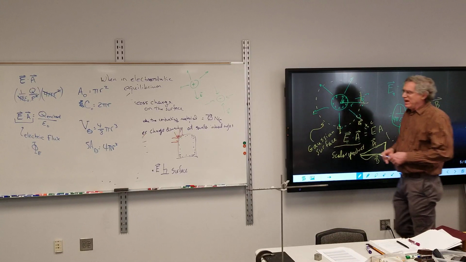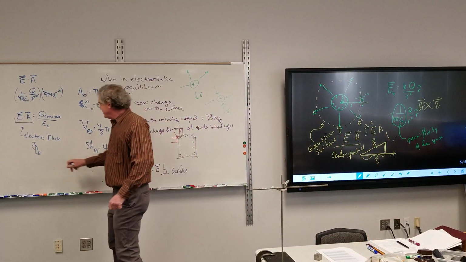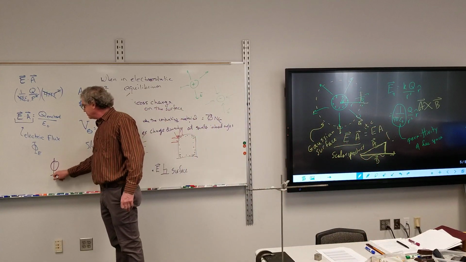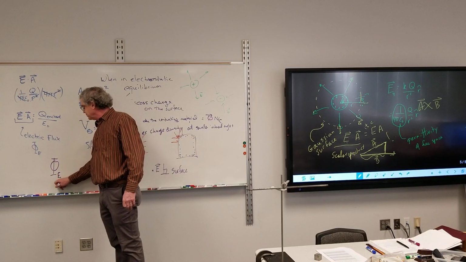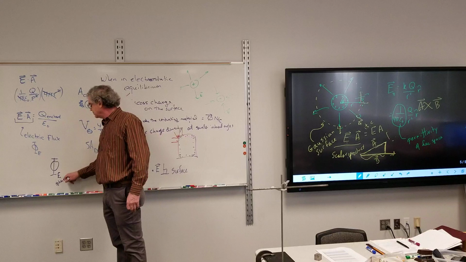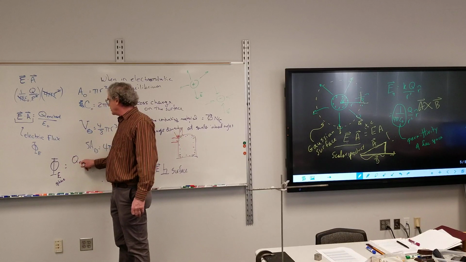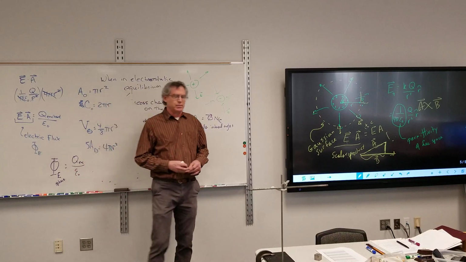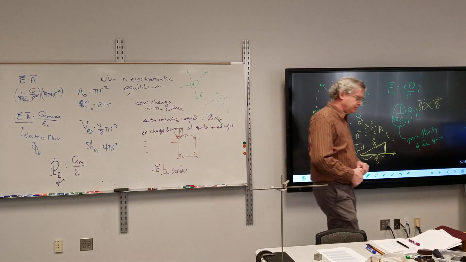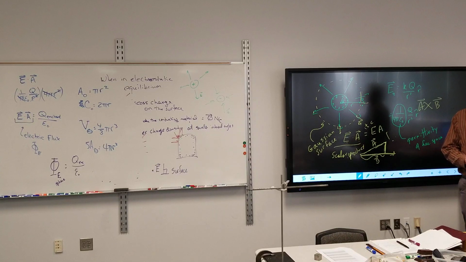So what we've now broken it down to is that the electric flux through the sphere is equal to whatever the enclosed charge is over this constant, epsilon sub naught. And we will now take it one step further.